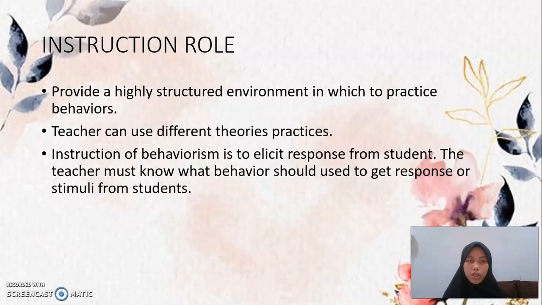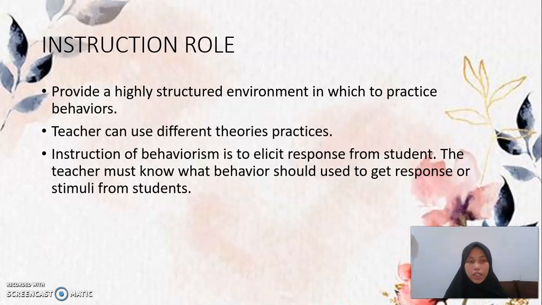Instruction rule: provide a highly structured environment in which to practice behavior, so that the teacher can use different theory practice. As we know, in Skinner there are three lists of theory practice.